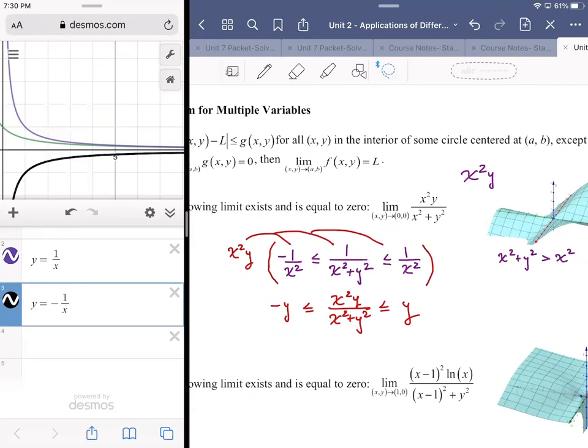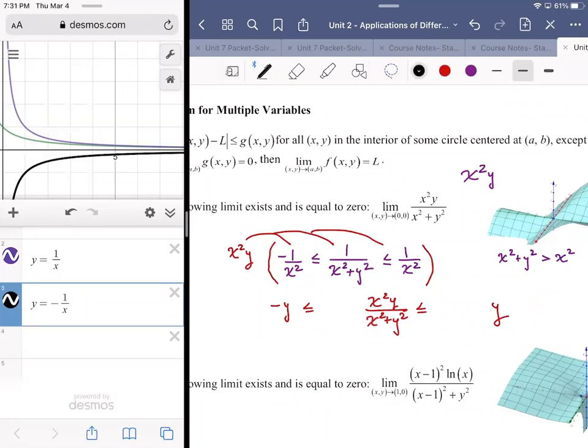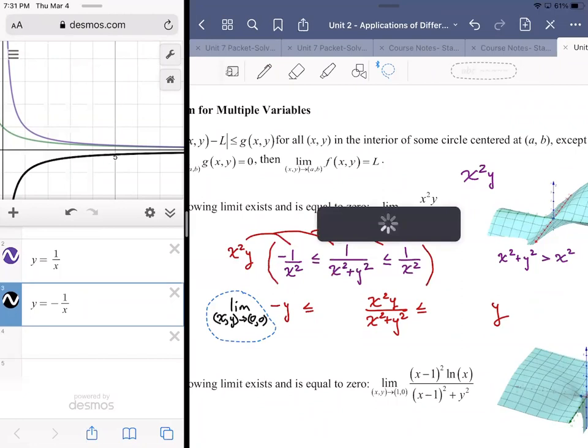So now I could find the limit as x, y approaches 0, 0. I'm going to do that for each part. So I'm just going to smidge some things over here and tuck in a limit as x, y approaches 0, 0, with parentheses on it. And you see in all but the middle case, the x term is irrelevant.